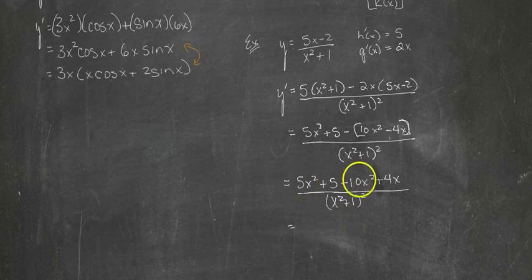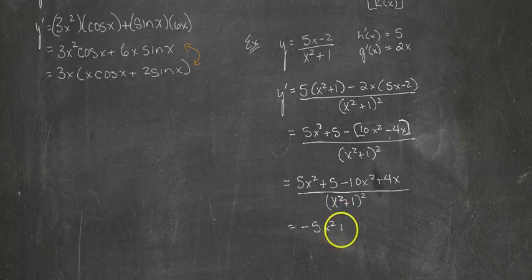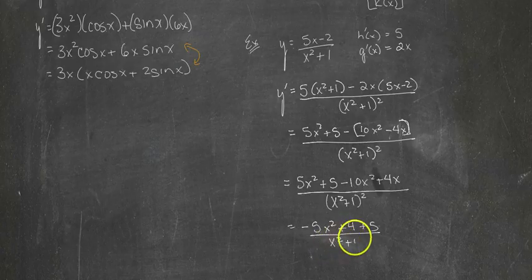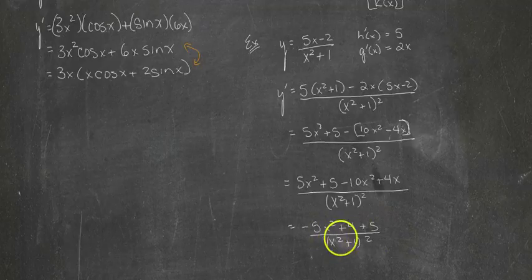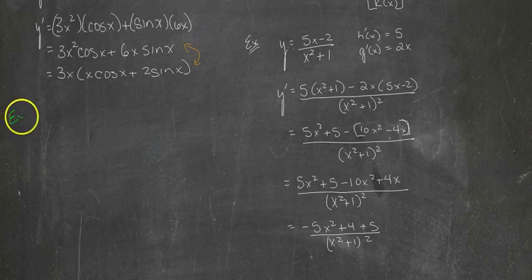So 5x squared minus 10x squared is minus 5x squared, plus 4x plus 5, over x squared plus 1 squared. I don't know if the top factors or not, but even if it does, I'm positive I'm not going to get an x squared plus 1, so that's crazy. Okay, so let's do another example, and this one will have a rewrite in it.